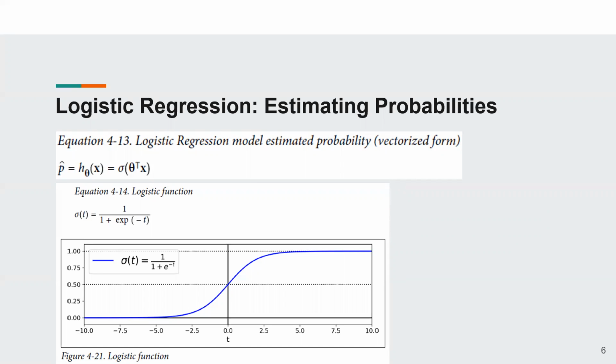Sigma of t equals 1 over 1 plus exponential of negative t. It happens that logistic regression actually follows this function form. You can see that on the left-hand side, it's approaching 0, and on the right-hand side, as t increases, it is approaching 1.